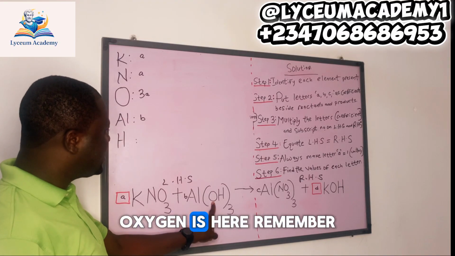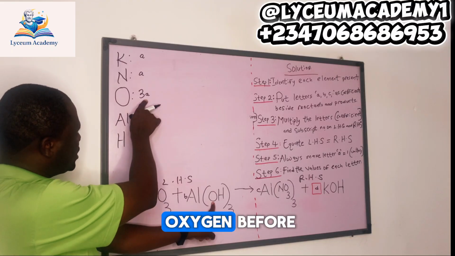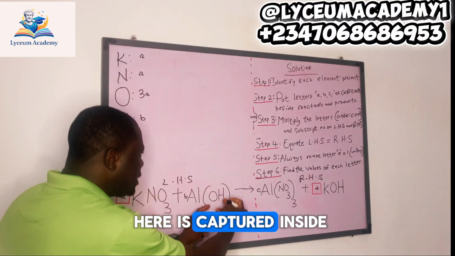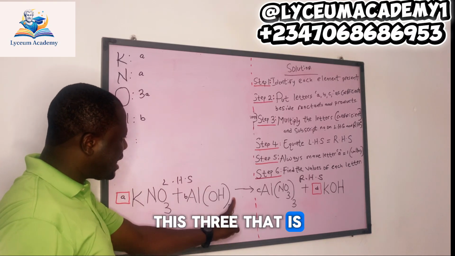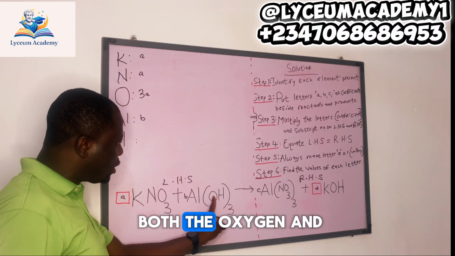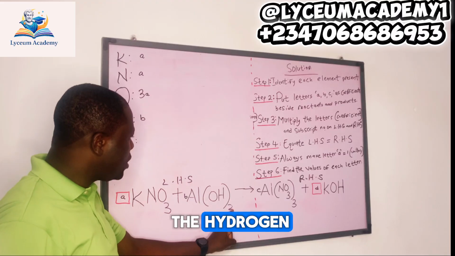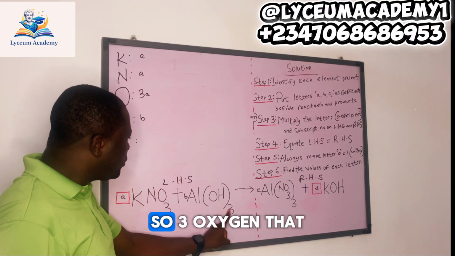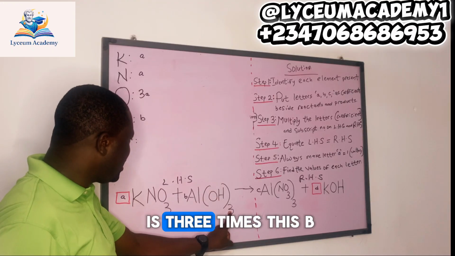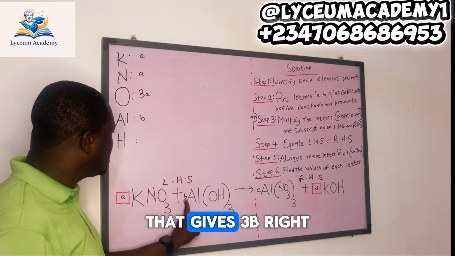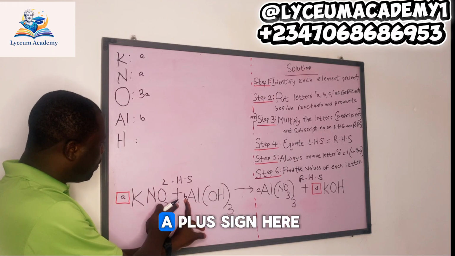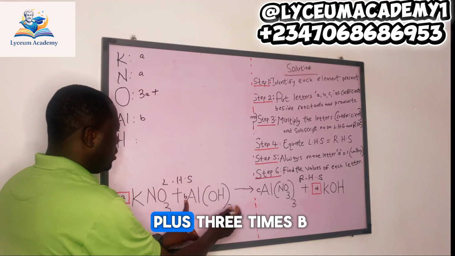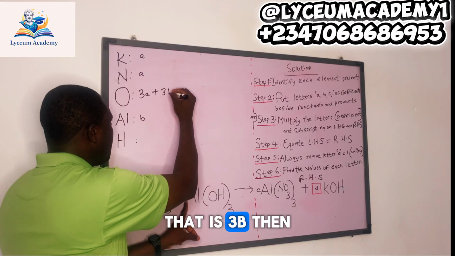You move on to oxygen. Remember, we have done one oxygen before. This oxygen here is captured inside the bracket. The 3 outside the bracket affects both the oxygen and the hydrogen. So the oxygen atoms here are 3. So 3 oxygen, that is 3 times this B, gives 3B. Because there is a plus sign here, we go back to oxygen and put plus 3B.